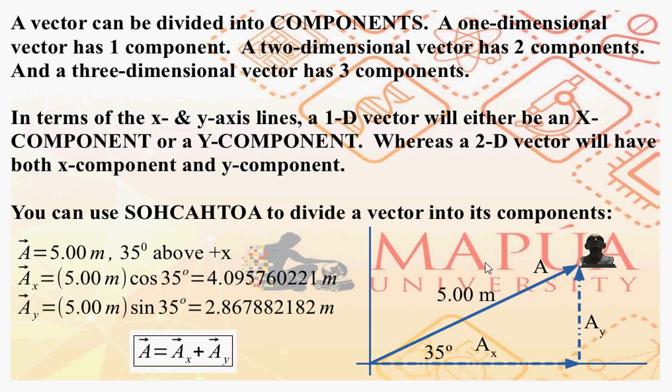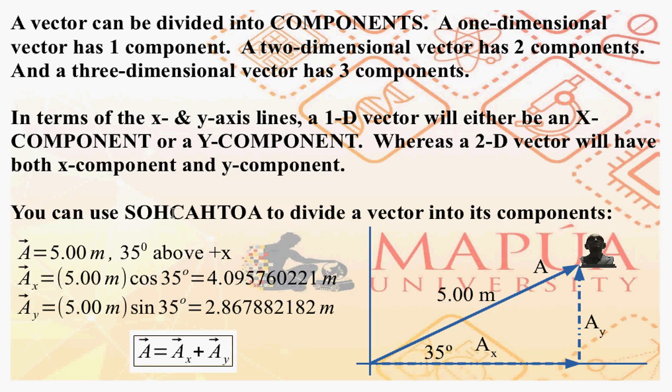We complete the triangle by drawing the horizontal side and the vertical side. We have a right triangle. One of the angles is 35 degrees.